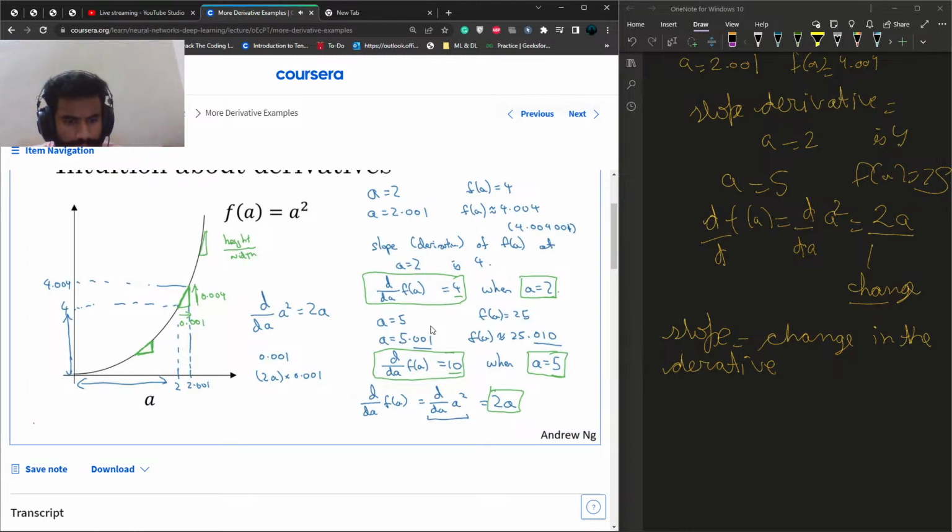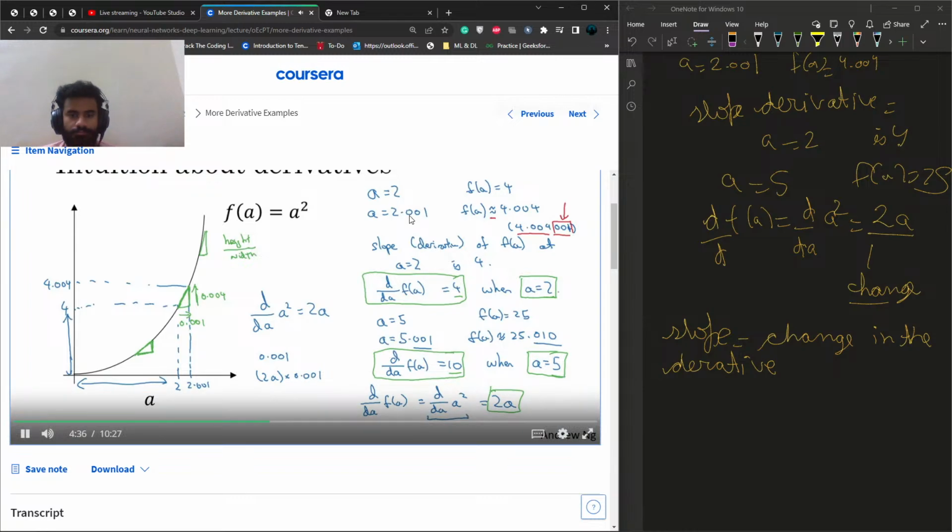Now, one tiny little detail: I had used these approximate symbols here, and this wasn't exactly 4.04, there's an extra 0.001 hanging out there. It turns out that this extra 0.001 is because we were nudging a to the right by 0.001. If we're instead nudging it by an infinitesimally small value, then this extra error term will go away, and you find that the amount that f of a goes up is exactly equal to the derivative times the amount that you nudge a to the right.